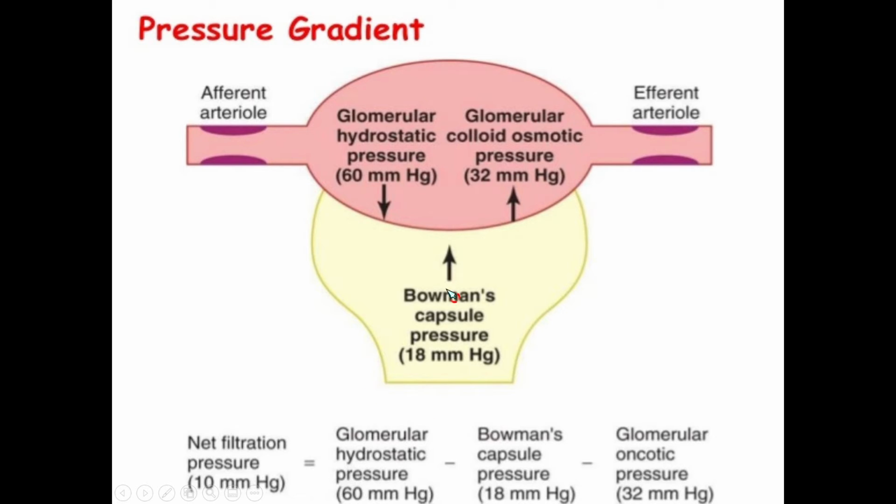Then we move to this area, the Bowman capsule. If the hydrostatic pressure is more in the Bowman capsule, why does it become more? You will understand it better in the next lecture, because ultimately this Bowman capsule is the initial portion of your nephron, and the nephron ultimately drains through your ureter.